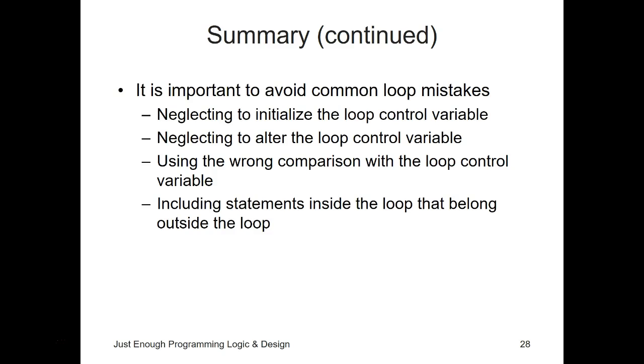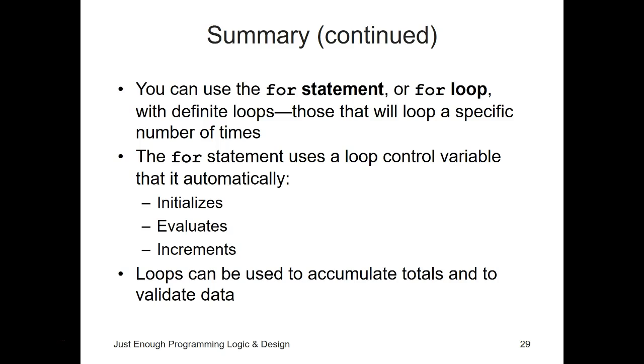So I always want to make sure I initialize that loop variable. I don't make any changes to it. In other words, I end up in that infinite loop. Or I put stuff in the wrong spot. So loops are great. We have that for loop, and that's kind of our shortcut because it gets all the pieces in there together.